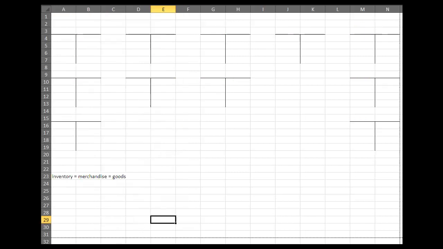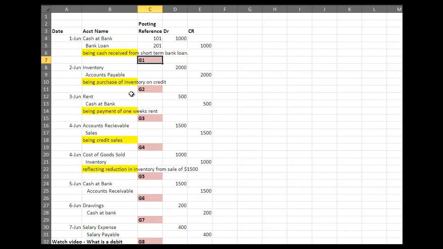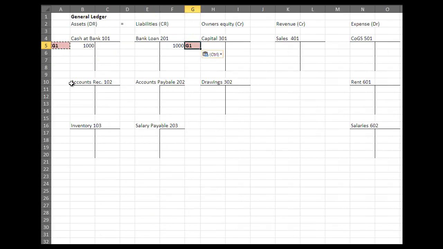Righto. The next journal entry is inventory $2,000 and accounts payable $2,000. So we go debit inventory $2,000, credit accounts payable $2,000. Now we'll go back and record these postings. They're 103 and 202.